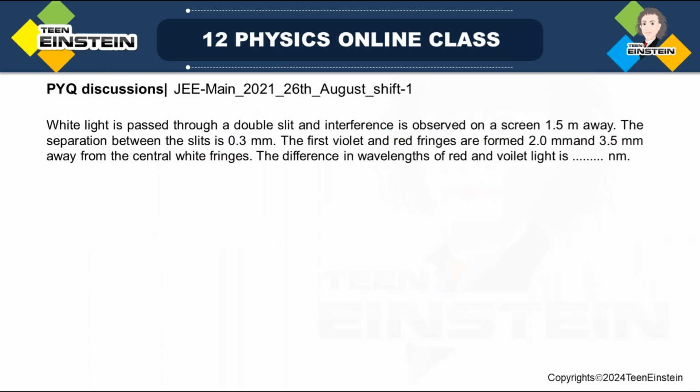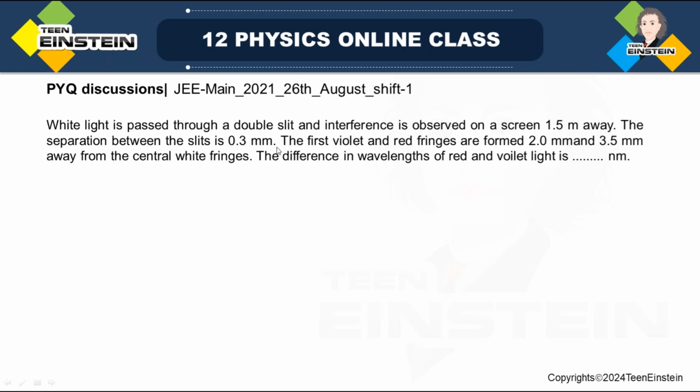Now this problem is again very interesting. The problem says: white light is passed through a double slit and interference is observed. Let me check. Yes, so I think now it is clear.